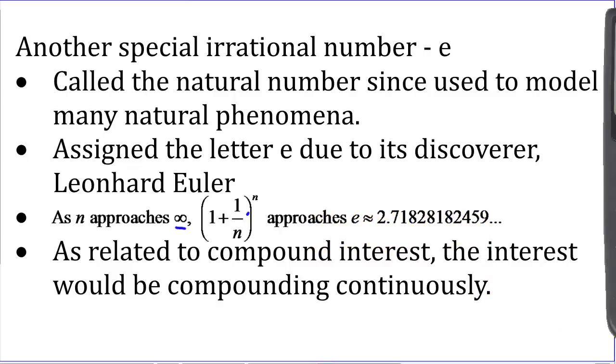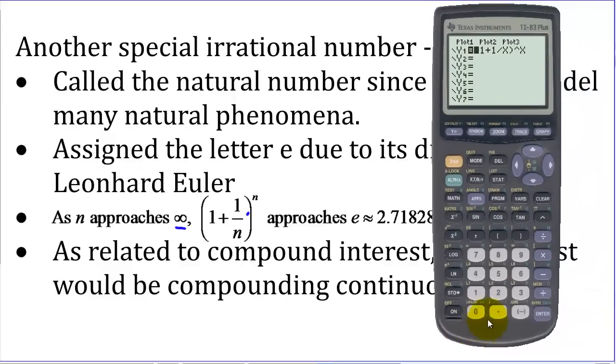If I put his formula here, just using x instead of the n, and we graph it, we can see it starts out with smaller numbers, but then it starts to level off. And if we look in the table, we can see that as x grows, it's getting bigger, but smaller and smaller amounts.